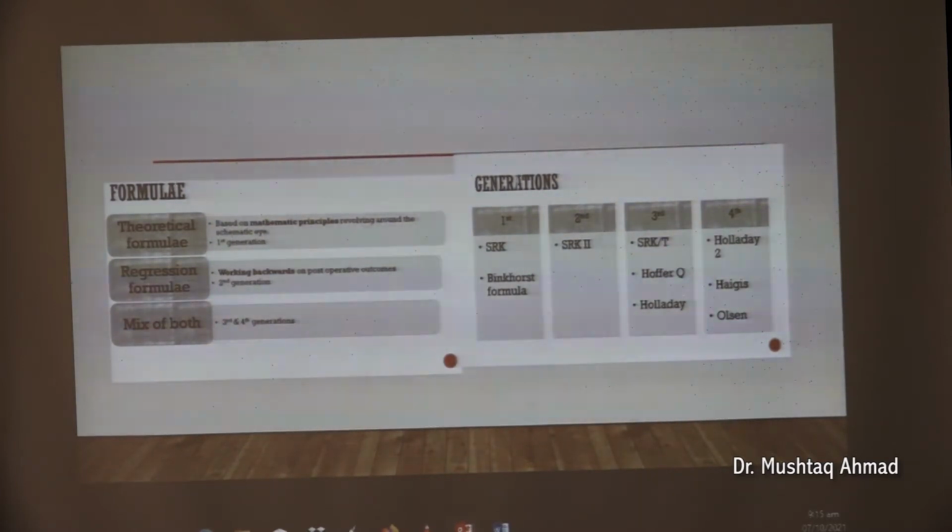There are various formulae: theoretical formulae, regression formulae, and a mix of both. Various generations: first generation, as you see, the SRK and the Binkhorst formula; second, SRK II; third generation, SRK/T, Hoffer Q, and Holladay; and fourth generation, Holladay 2, Haigis, and Olsen. And even nowadays, there is a fifth generation.